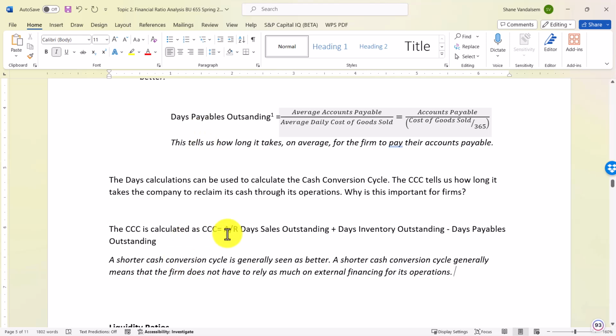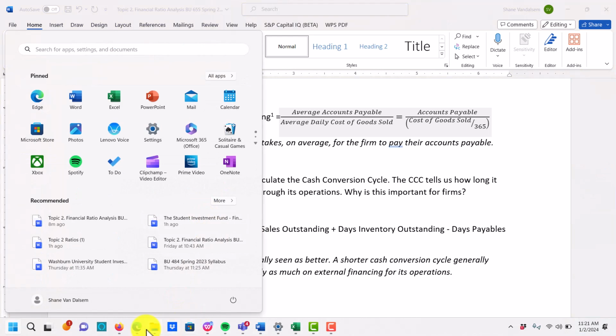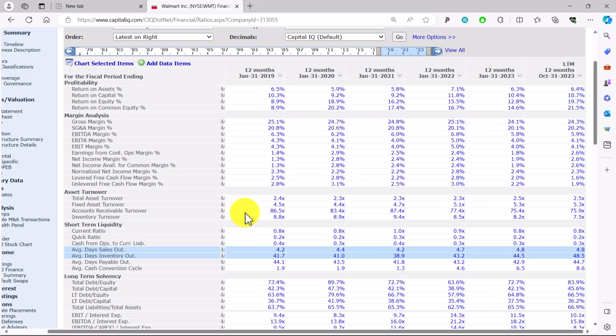So again, let's take a look at Walmart here. Walmart's going to be an odd duck a little bit because they don't issue credit whenever they sell things. So we can take a look at here. Their cash conversion cycle is actually very short. Their payables days are generally really close to their days of inventory outstanding.